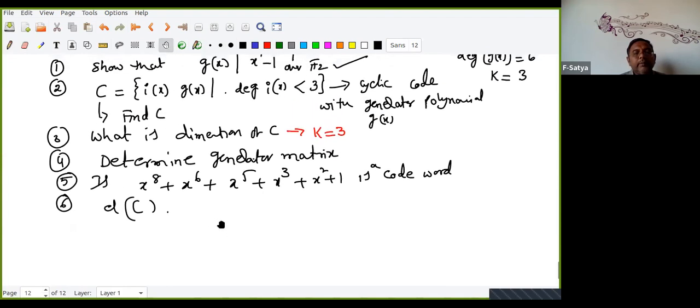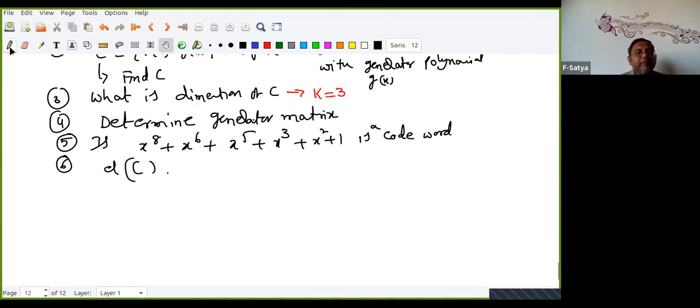Now we'll try to compute C. So what is C equal to? C equals a0 plus a1 x plus a2 x^2, multiplied by my polynomial.